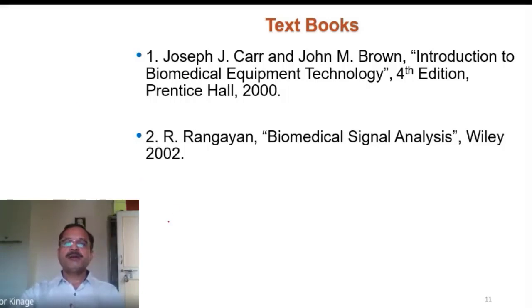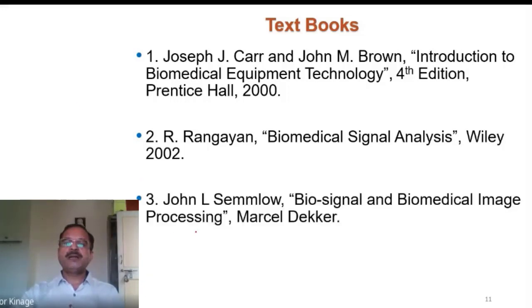Second one, by Rangayyan, Biomedical Signal Analysis. The third one, Biomedical Signal and Biomedical Image Processing. So these are the textbooks prescribed by Mumbai University, and textbooks prescribed by Pune University.